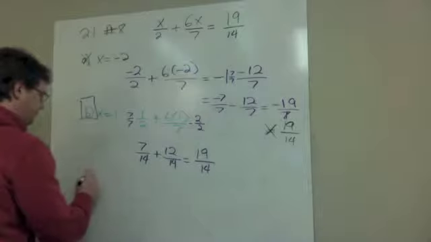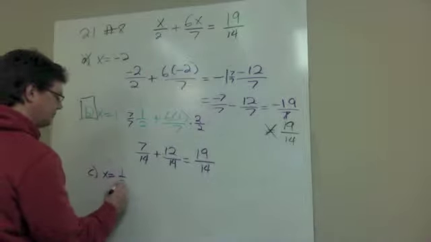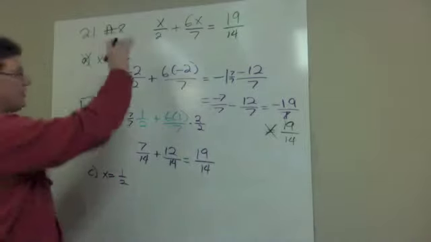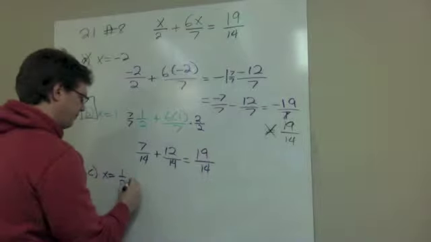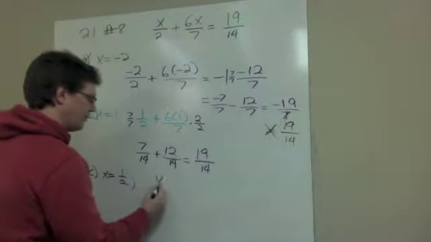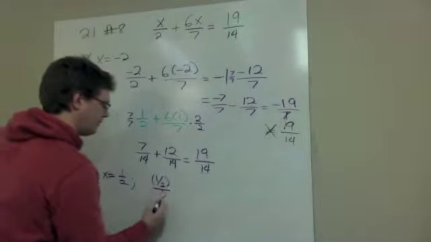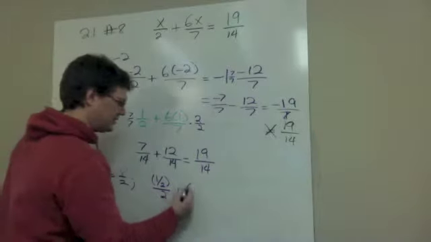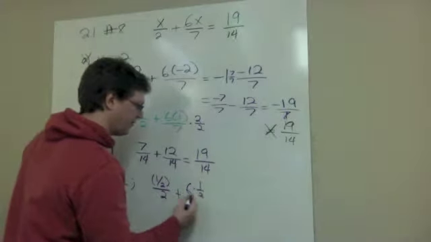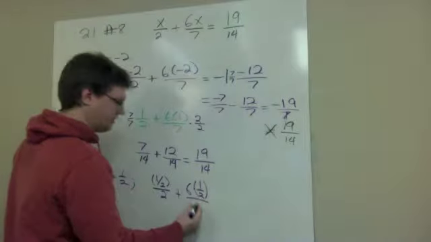Okay. So now everywhere there's an x, we replace it with a 1/2. So we're going to get 1/2 over 2 plus 6 times 1/2 over 7.